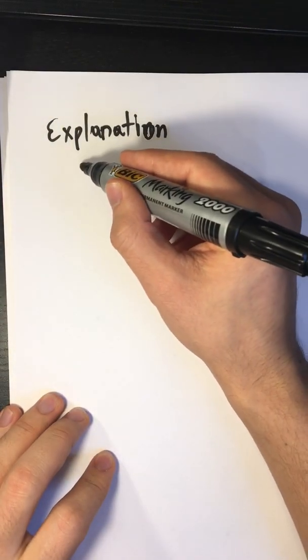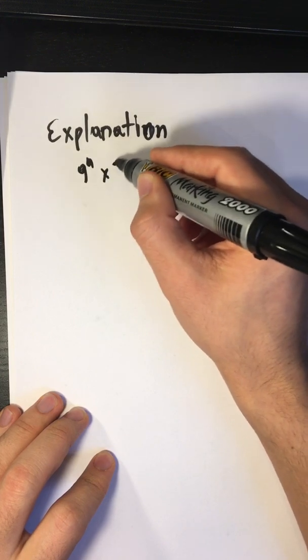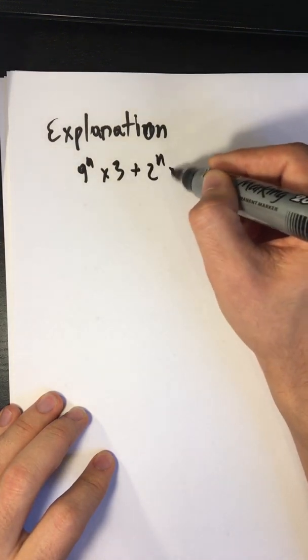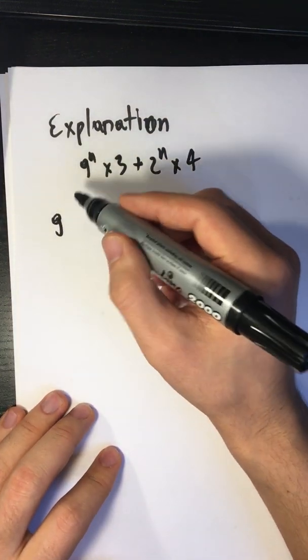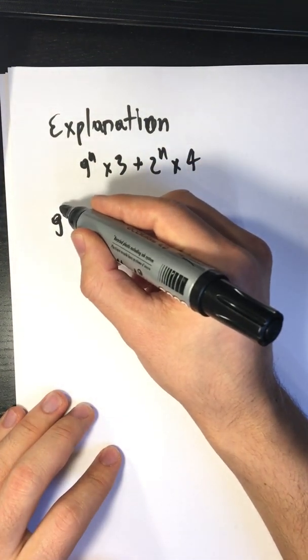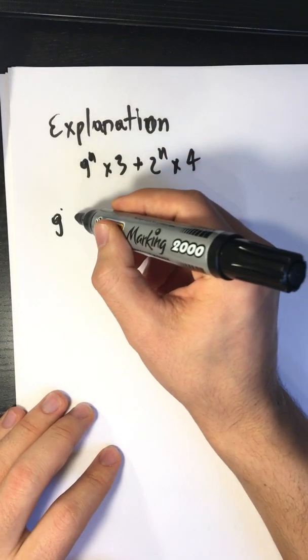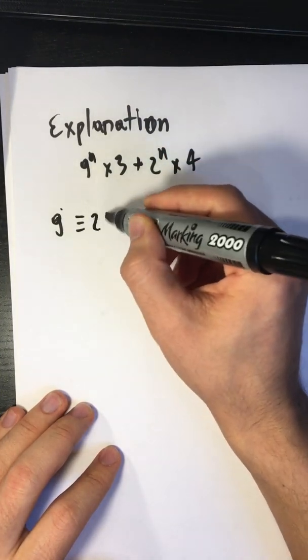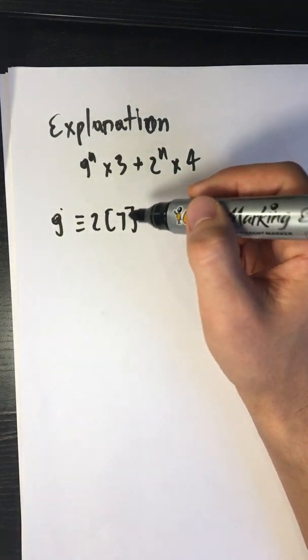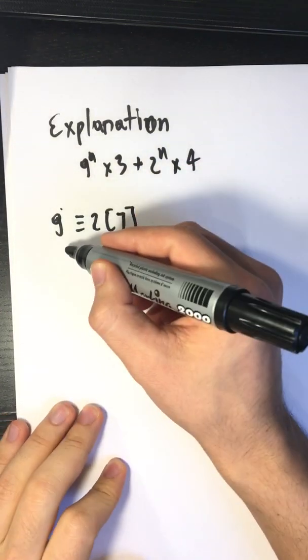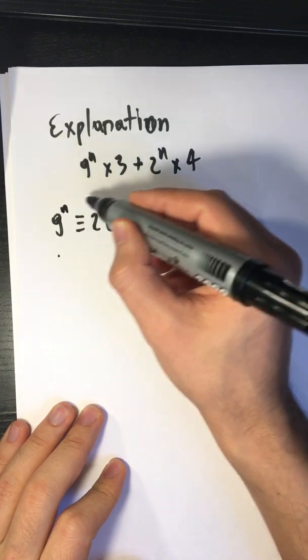Okay, so we have 9 to the n multiplied by 3 plus 2 to the n multiplied by 4. In this case I take 9 mod 7. You understand this? You divide 9 by 7 and the remainder is 2. And now from this I can go to this, right?